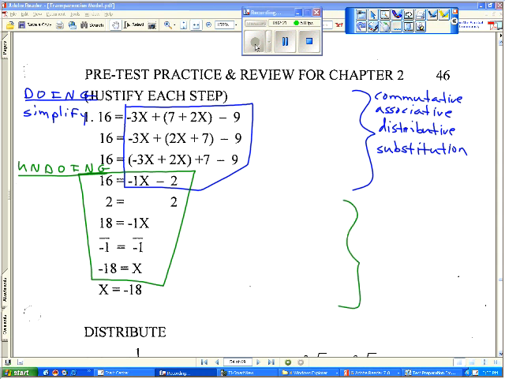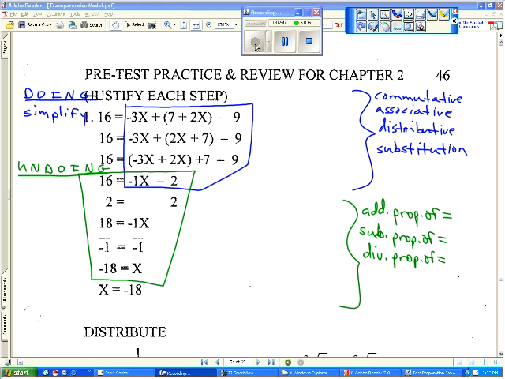When we start undoing, we undo subtraction by the addition property of equality. We undo addition by the subtraction property of equality. We undo multiplication by the division property of equality.